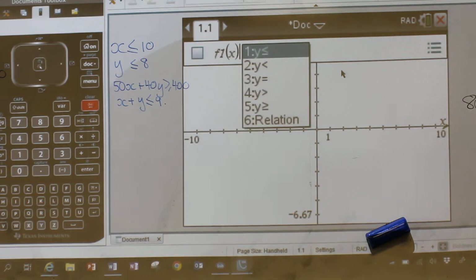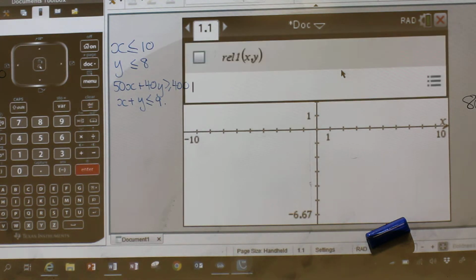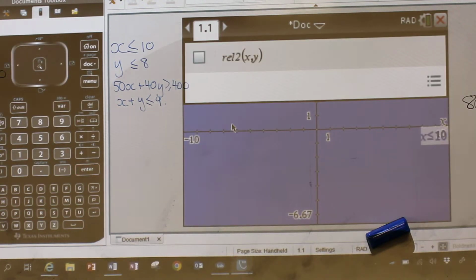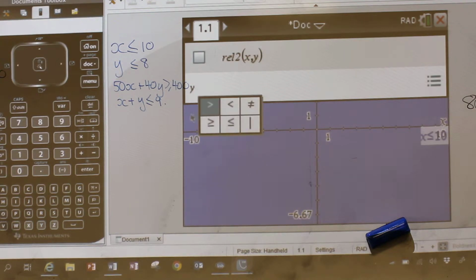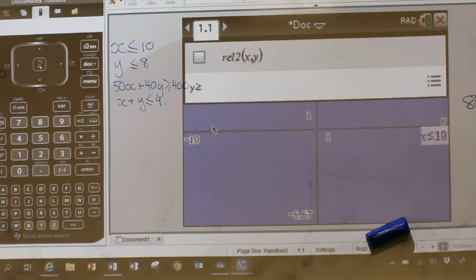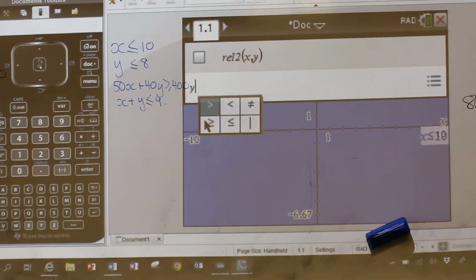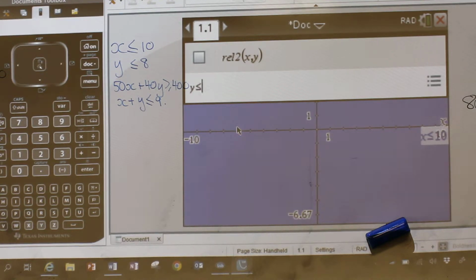Okay, so I'm going to enter them as a relation. So backspace, enter as a relation. X is greater than or equal to 10. Tab to enter my new one in. Y is greater than or equal to, oh sorry, wrong way. What have we got? 8.